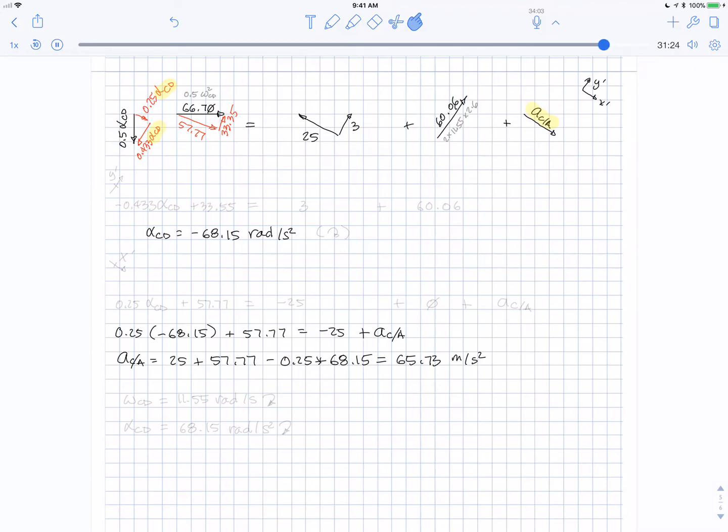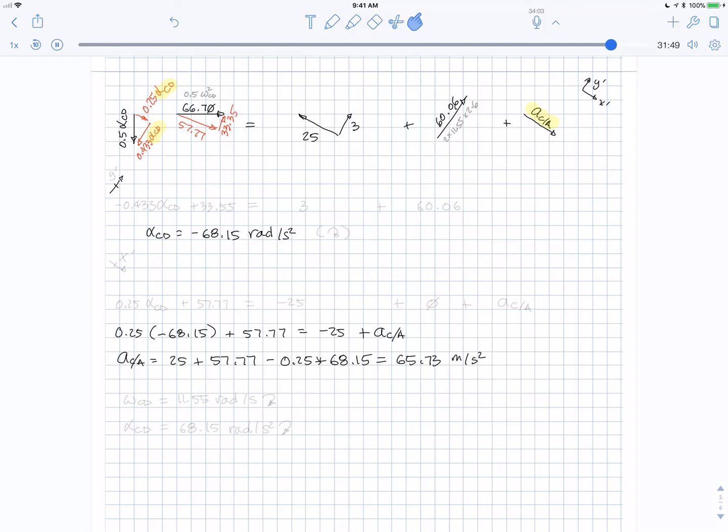And everything else I just multiplied out, and now we're ready to take components. I also highlighted in yellow the unknowns, and I notice again in the x direction there's an alpha CD unknown and an A of C relative to A unknown, but in the y direction there's only an alpha CD unknown. So what I'm going to do is, because I'm lazy, I'm going to do that one first.